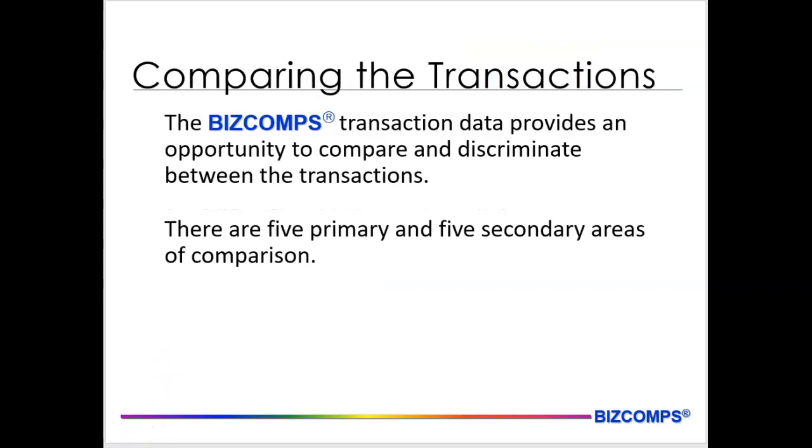In analyzing your selected transactions in a sample, it's important to be able to compare transaction to transaction, as well as your transactions in that database or in that sample to your selected company. So the BIZCOMPS database transaction data does provide opportunity to compare and discriminate between the transactions using those fields of data we mentioned. There are 5 primary and 5 secondary areas of comparison.